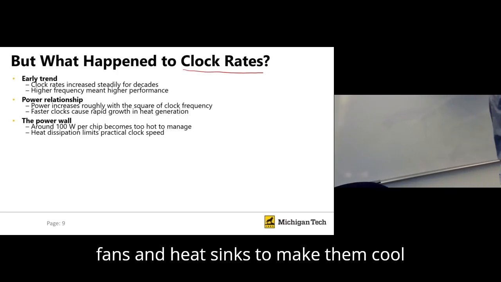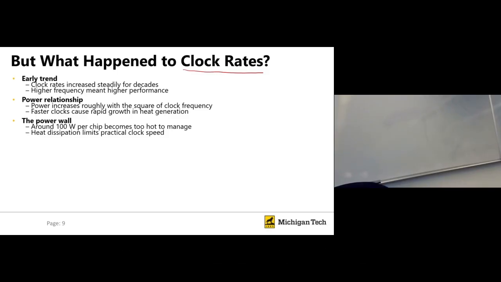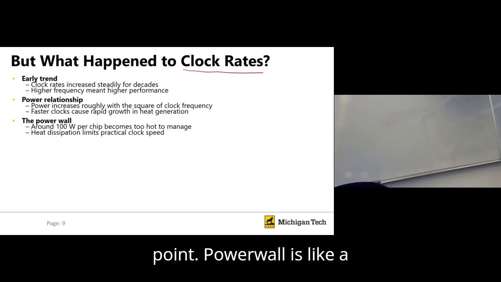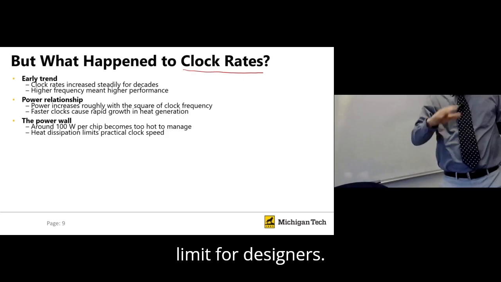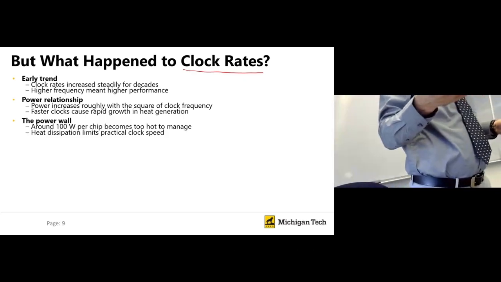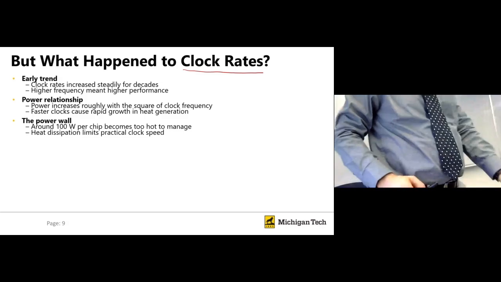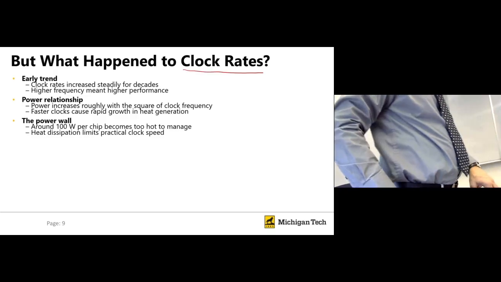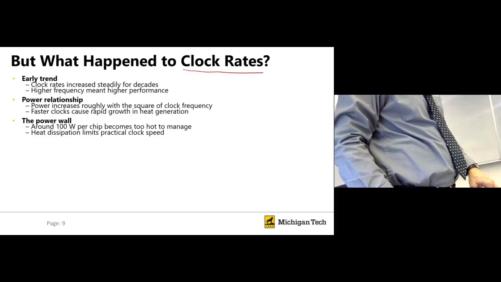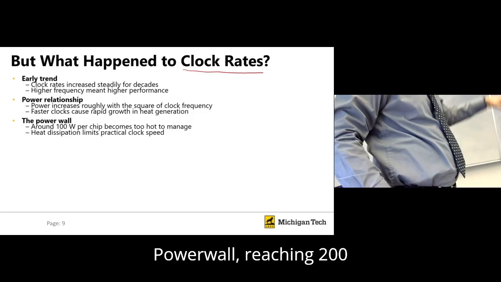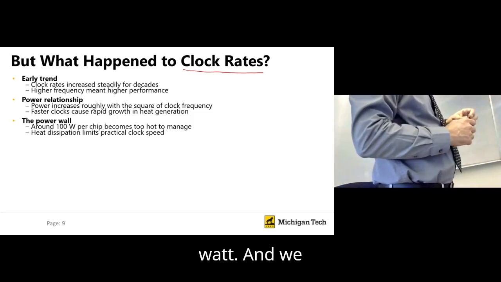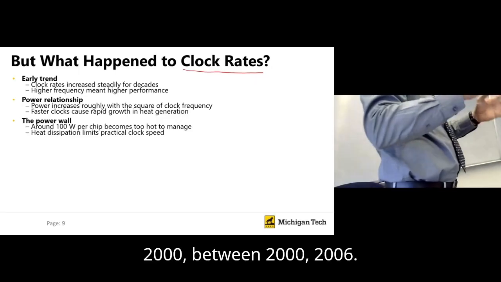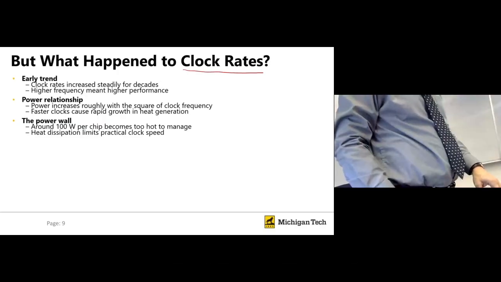We have fans and heat sinks to keep them cool, to avoid the power wall. That's the point. The power wall is like a limit for designers, for engineers, for computer architects. So that's called the power wall, reaching 100 watts, and we got that between 2000 and 2006.